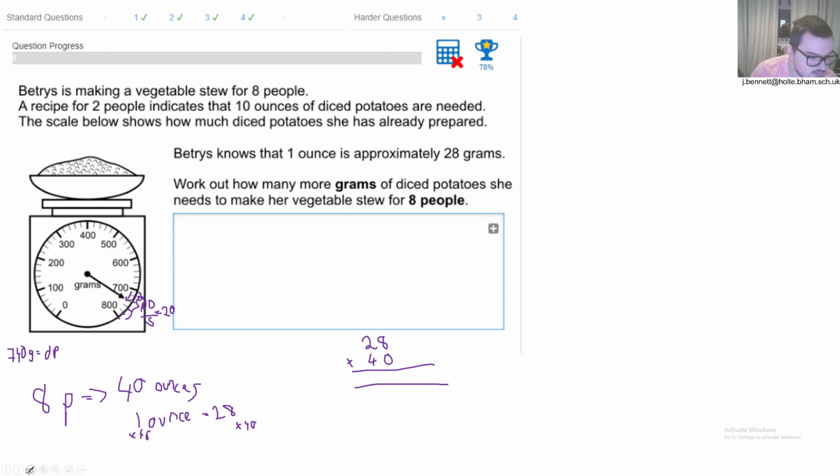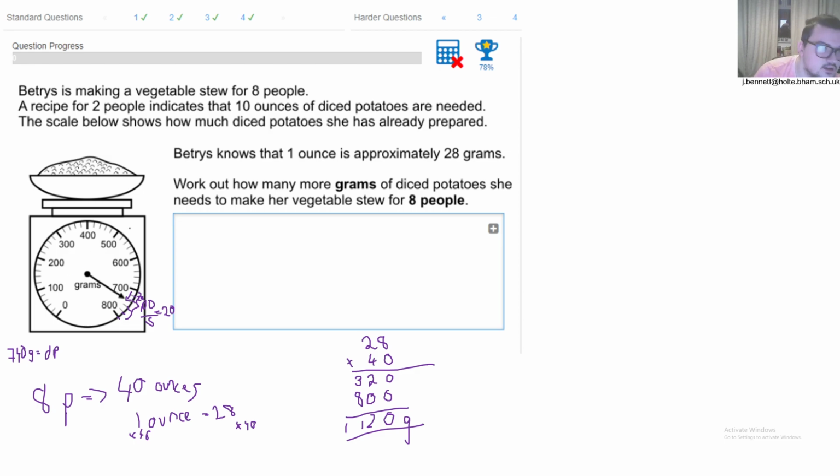Oh, hold on, let's get rid of this bottom line. 8 times 0 is 0, so we're not going to put anything there. 2 times 0 is 0. 8 times 40 is 320. 20 times 40 is 800. We add these together, we get 0, 2, 1, 1. So we know that she needs roughly 1,120 grams.